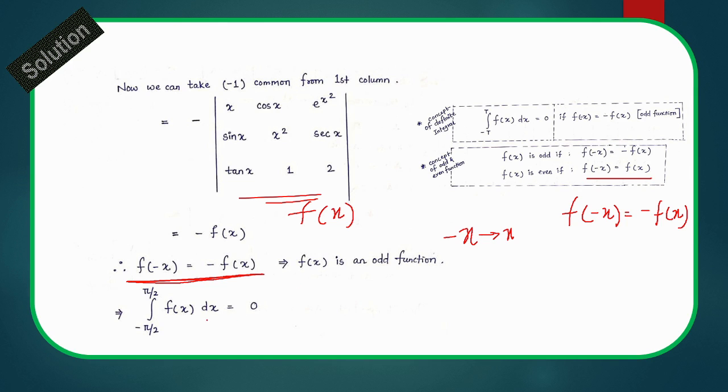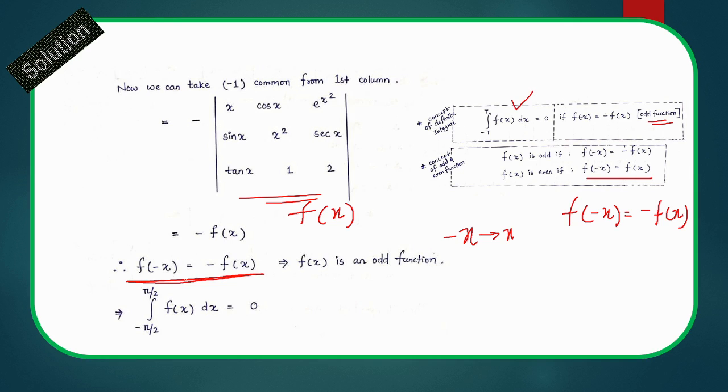Now the question is asking about the definite integral. What is the integration of f of x dx from the limit minus pi by 2 to pi by 2? We will see in the next chapter where we will discuss more about the definite integral, but for the time being we will remember this formula. For a definite integral, the integral from minus t to t of f of x dx equals 0 if f of x is an odd function.